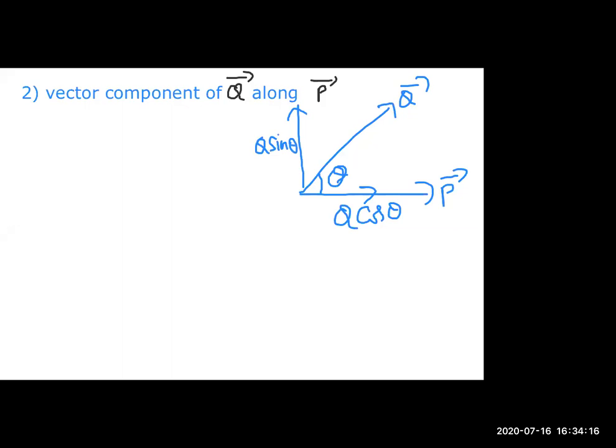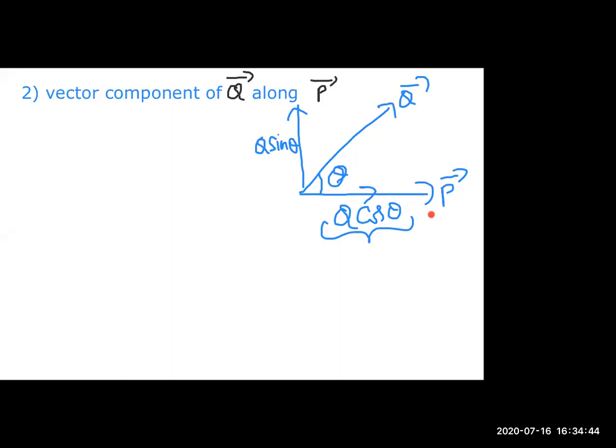Now what we notice, Q cos theta is along P bar. So this is a magnitude. Q cos theta is a magnitude. If I want to make any magnitude a vector, I must multiply it with a unit vector which is in the direction of that component. Q cos theta is in which direction? Observe carefully. Along P bar.